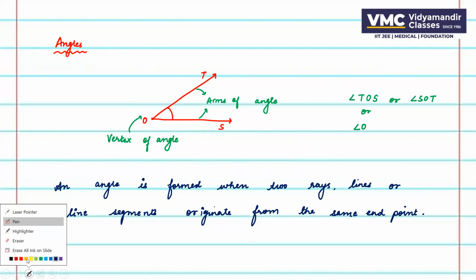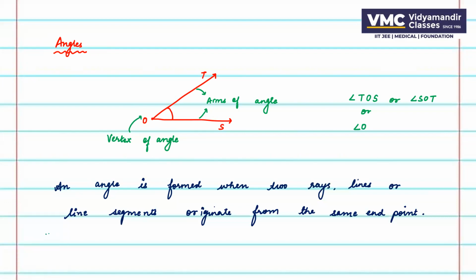The rays making an angle are called the arms of the angle, and the endpoint is known as the vertex.